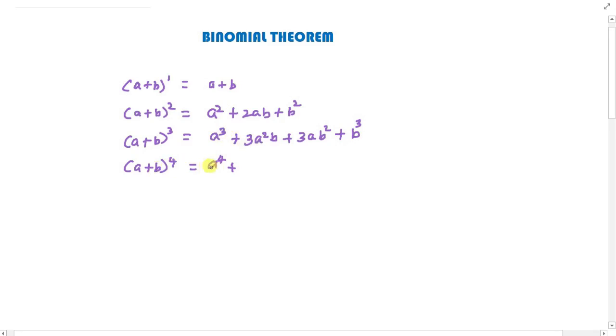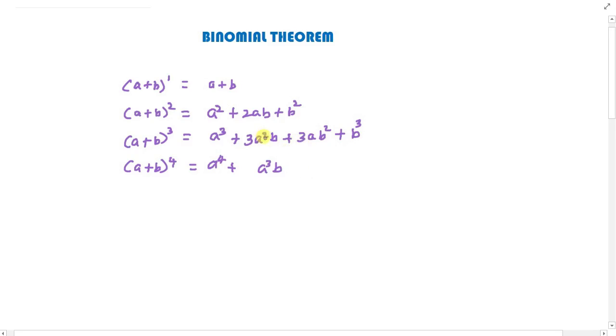So here the power of a should be reduced by 1, so it should be a cube. And the b term is introduced, that is the second term in this parenthesis. So here also we introduce the b term and its power is 1. The sum of the total power should be the index, 3 plus 1, 4.